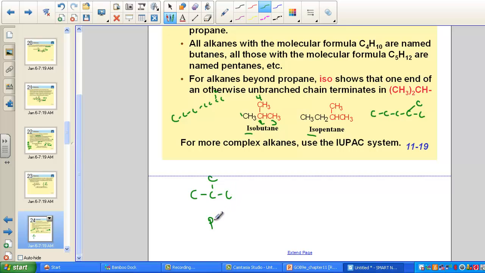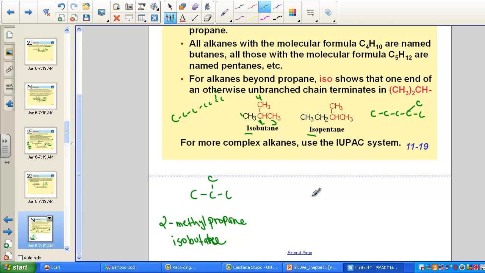Longest carbon chain is 3, so I know the root word is propane. Off of carbon number 2 is a methyl group. The IUPAC name for this compound is 2-methylpropane. Its common name, isobutane. That prefix is letting us know that there's a branch at the terminal carbon there.